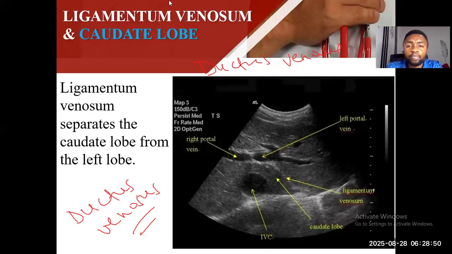Okay. So somebody has written something. Let me check. Doppler what? Ductus venosus. Okay. So you mean you are using the Doppler to find it? Yes, that's it. In embryology, yes.